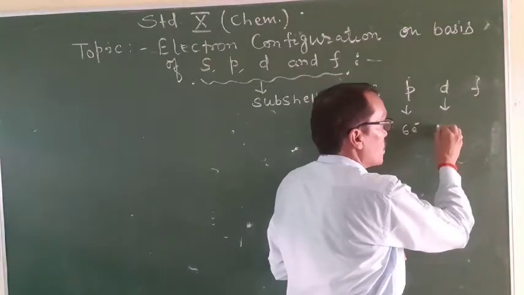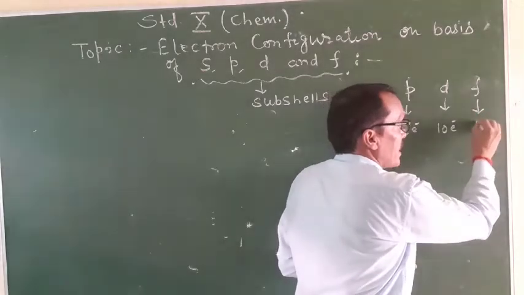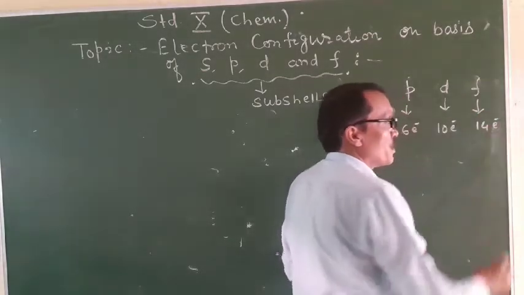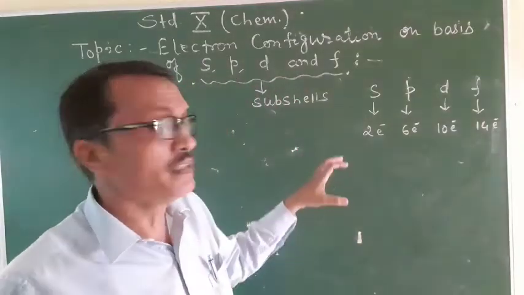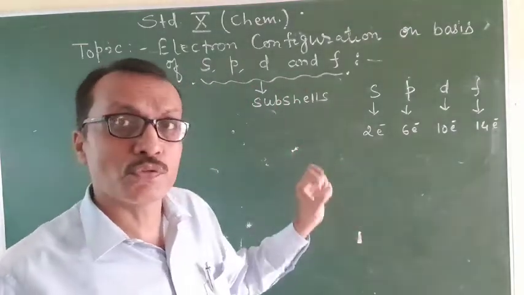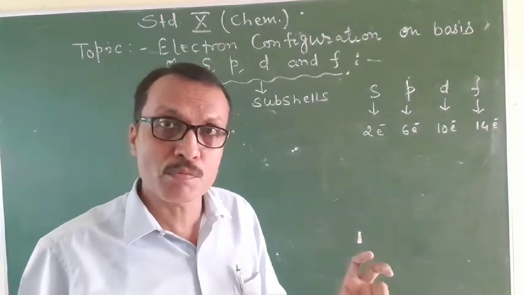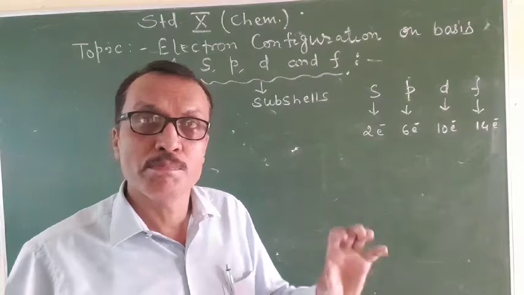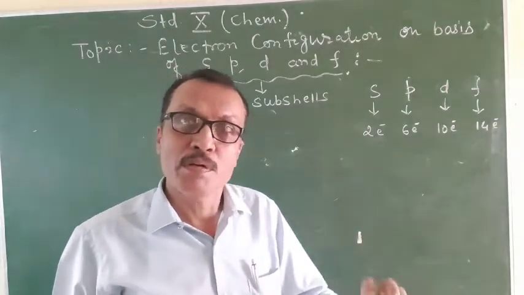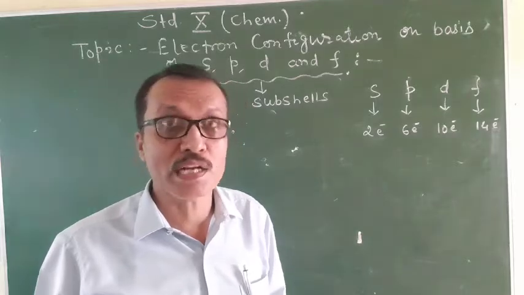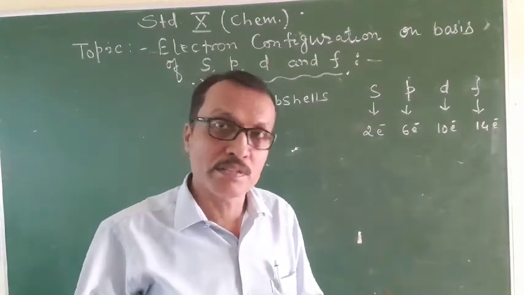D, maximum holds 10 electrons and not more than 10. And F, maximum holds 14 electrons and not more than 14. So these are their capacities to hold the electrons. So keep in your mind, S maximum 2, P maximum 6, D maximum 10 and F maximum 14 electrons, and not more than this.